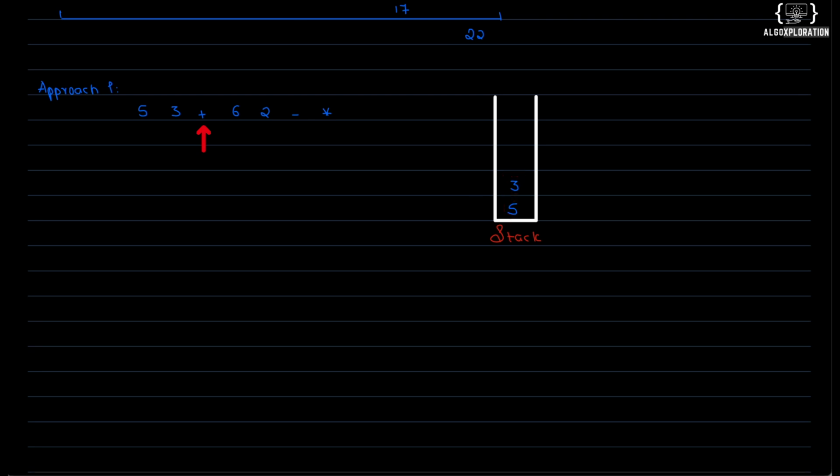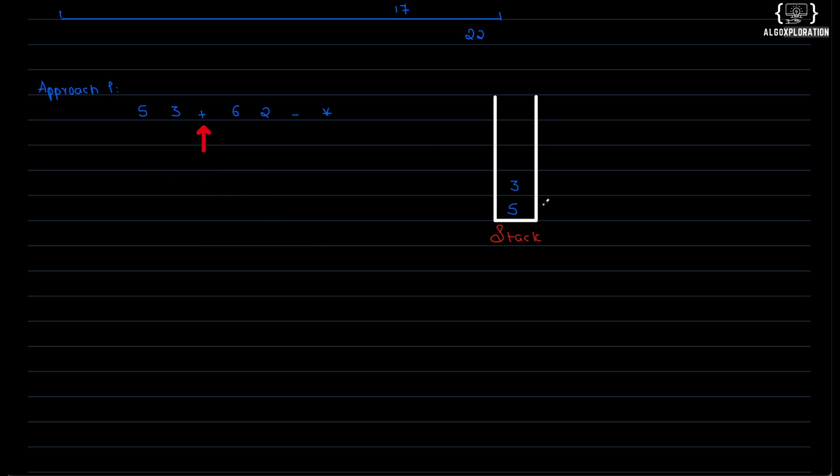Now see, if I take this element first and then this element, I will be doing the addition of these two, which will be 8. Now as we know, some operators do follow the commutative property, that means a plus b is equal to b plus a. But this will only be true for some operators, not all the operators.